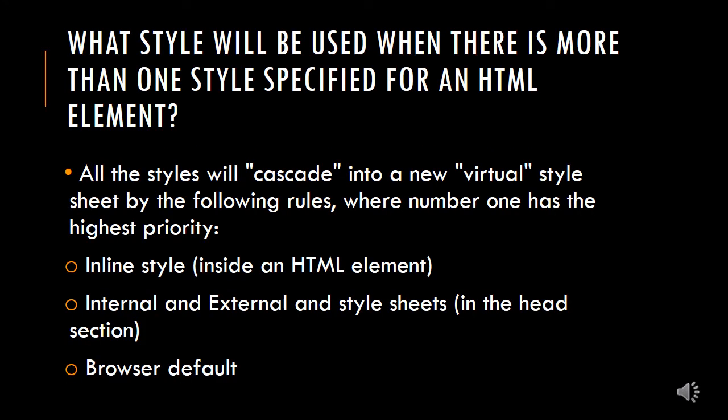All the styles will cascade into a new virtual style sheet by the following rules, where number 1 has the highest priority. First is our inline style, which is inside an HTML element. Second is the internal and external style sheet, which is located in the head section. And the last one will be for our browser default.